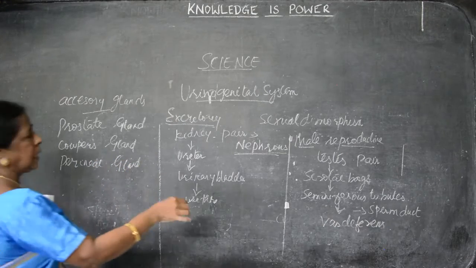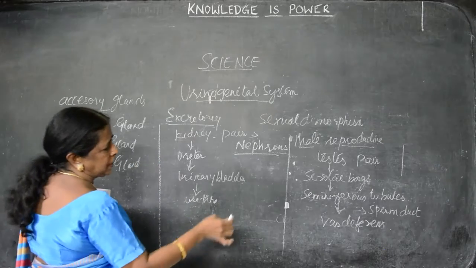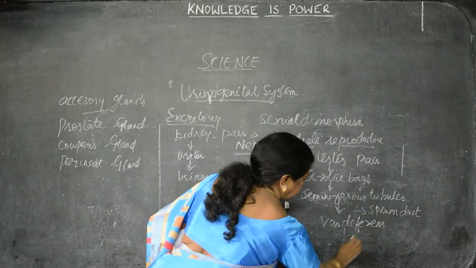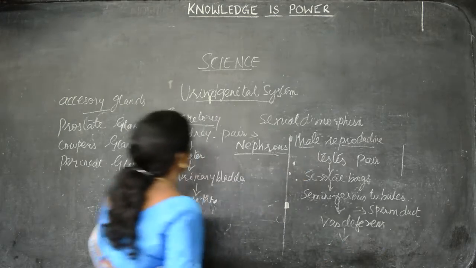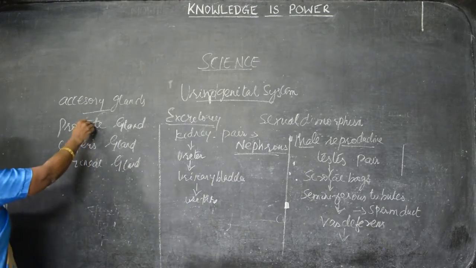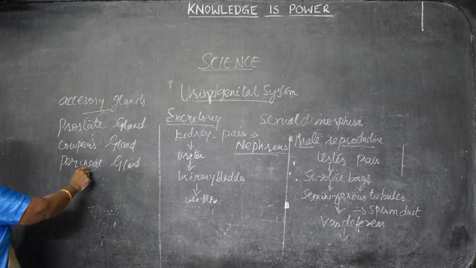So, which is the gamete of the male reproductive organ? Sperms. The sperms are collected in the sperm duct, the vas deferens. Through the vas deferens, they are released out. So, the 3 extra glands I said, that is accessory glands, are the prostate gland, Cowper's gland and perineal gland.